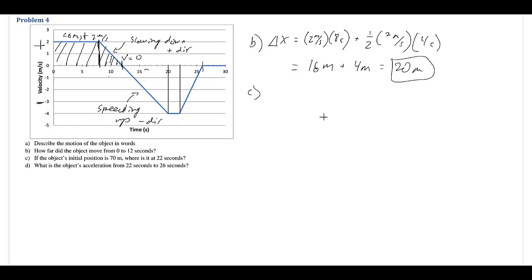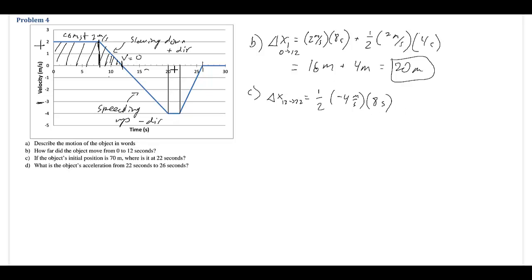So our area for the two parts, we'll call this delta x1, or delta x from 0 to 12. Then our delta x from 12 until 22 is going to be the area of the triangle here, which is going to be 1/2 times the height, which is -4 meters per second, times the time, which is from 12 to 20 seconds, so that's going to be 8 seconds.